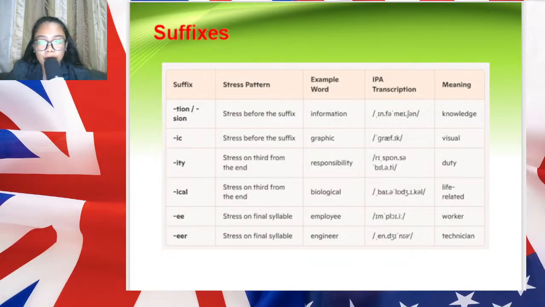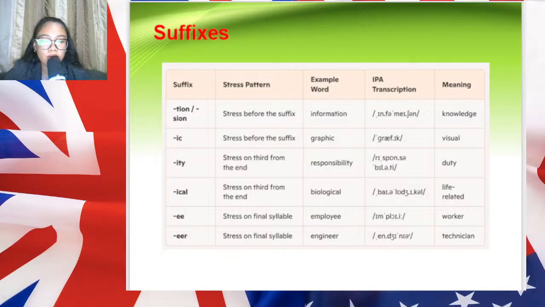Say, for example, we have here graphic, which only has two syllables. Since I've mentioned that it is stressed before the suffix, meaning it's not the suffix itself, ik is not an option here, and we only have one syllable left, which is graph, meaning that is our stressed syllable.